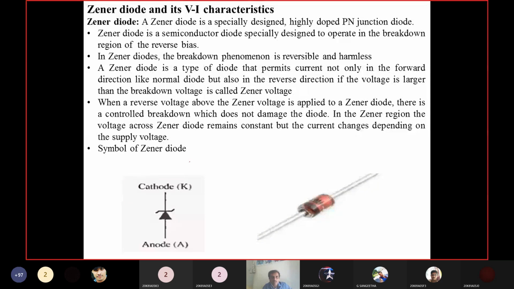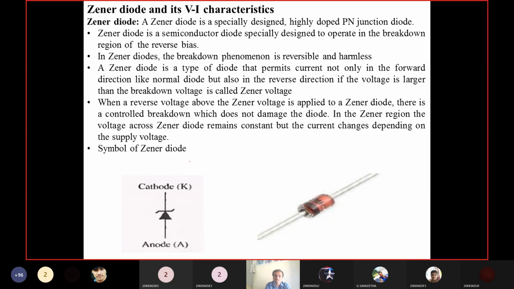In a Zener diode, the breakdown phenomenon is reversible and harmless. In normal diodes, if the applied voltage is greater than the breakdown voltage, the normal diode will collapse. But the Zener diode works at breakdown voltage.